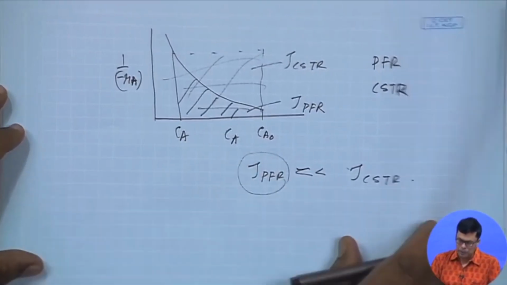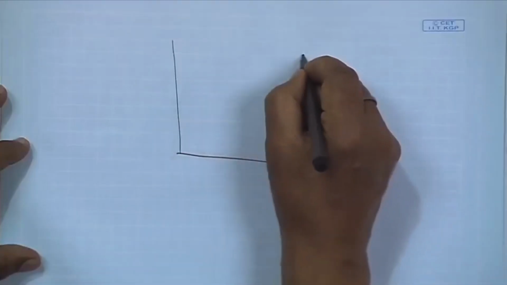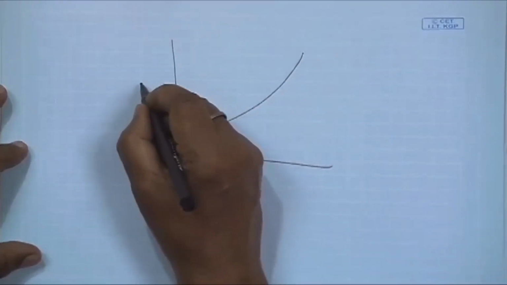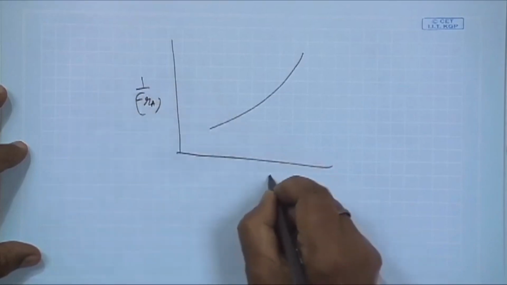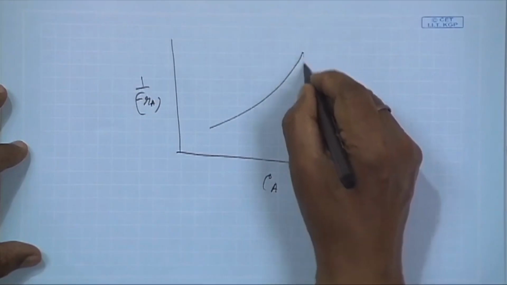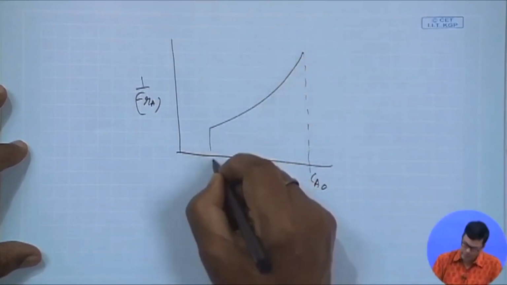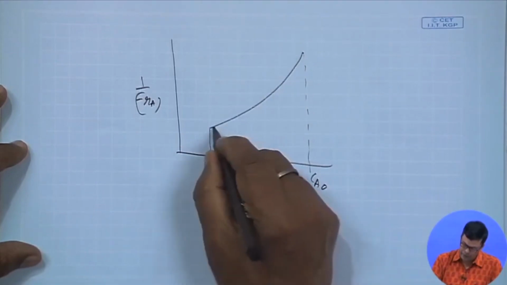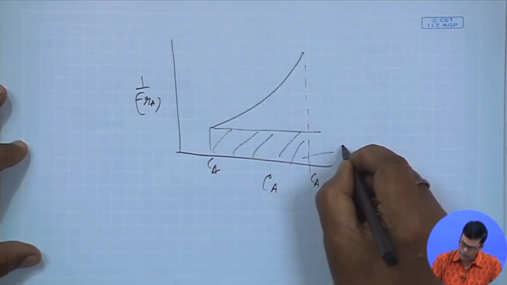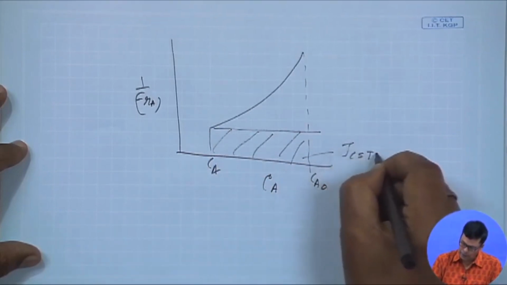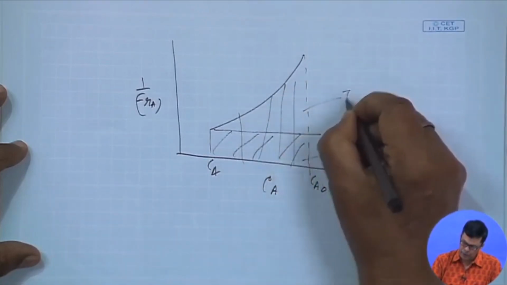Now the situation will be different when we have the correlation the other way. Suppose we have a correlation like this, this is minus RA by CA, with CA0 and CA. Now the area under this curve will give the value of tau CSTR. Am I right? But the area under this will give tau plug flow reactor.